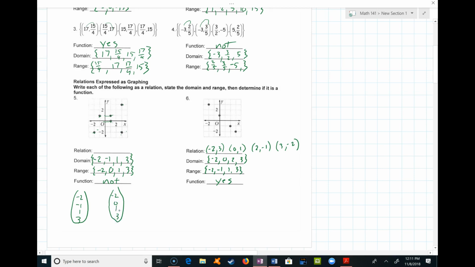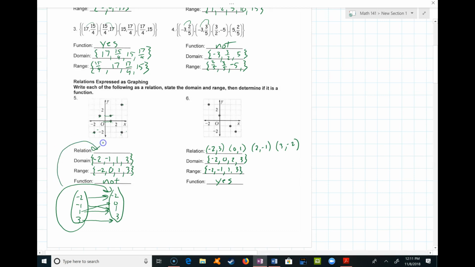So we know that -2 is related to -2, and -1 is related to +1, and 1 is related to 0 and +1, and 3 is related to 3 and -2. So that would be one way to show how they're related.